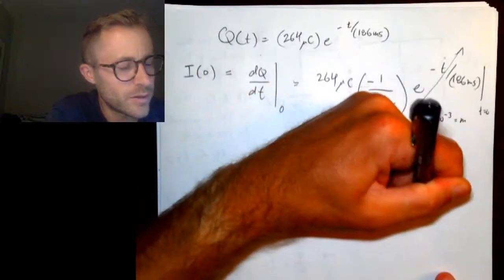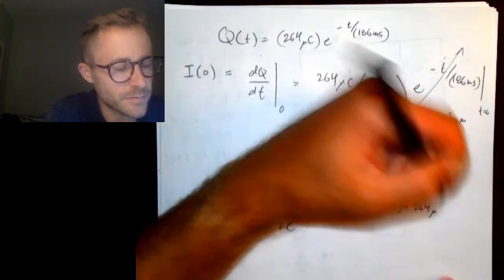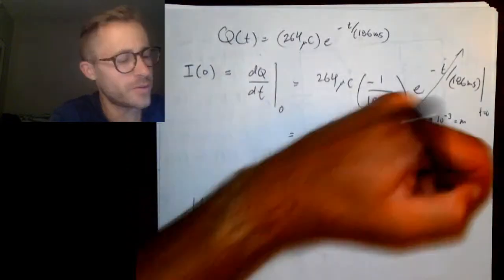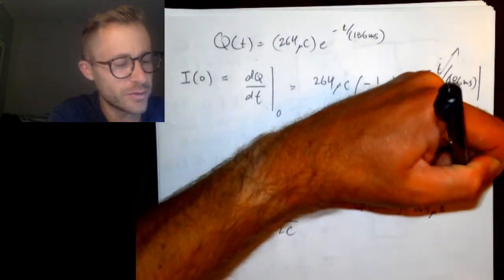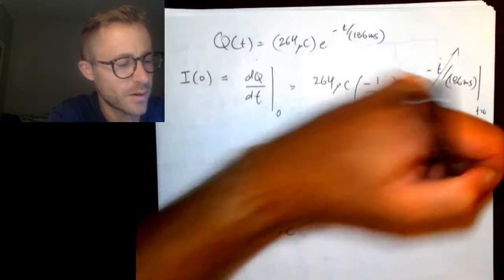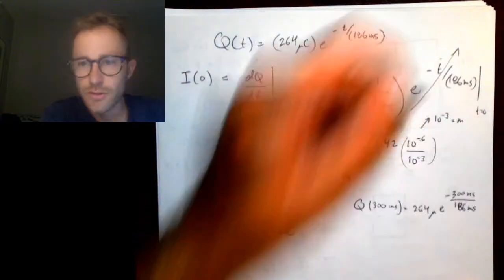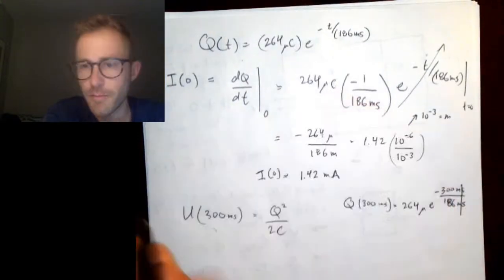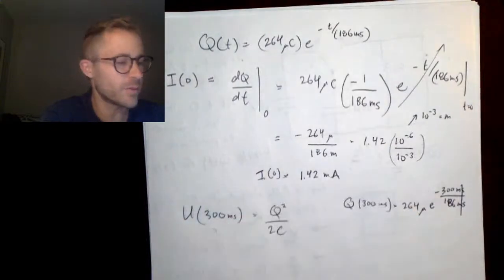Okay. So that's going to be 264 micros times e to the minus 300 millis over 186 millis. Notice how we have milliseconds divided by milliseconds, so they cancel out, and I just get e to the negative 300 over 186.